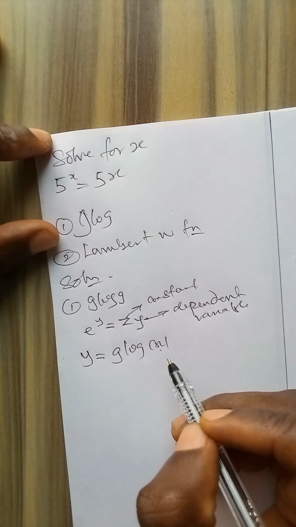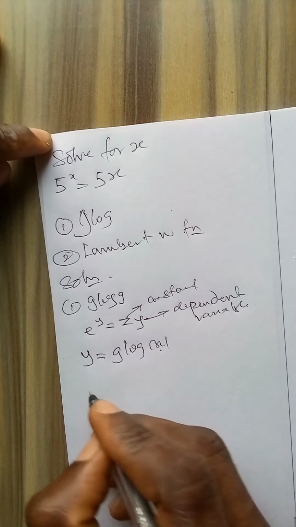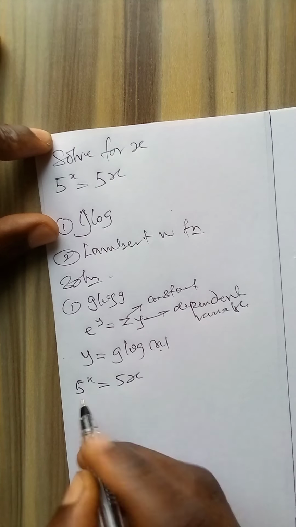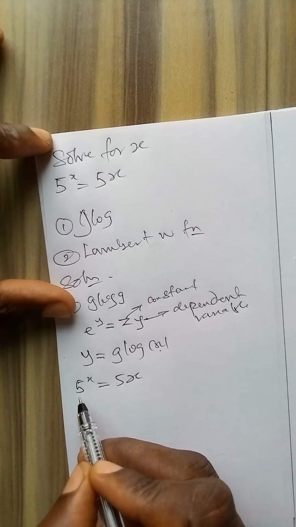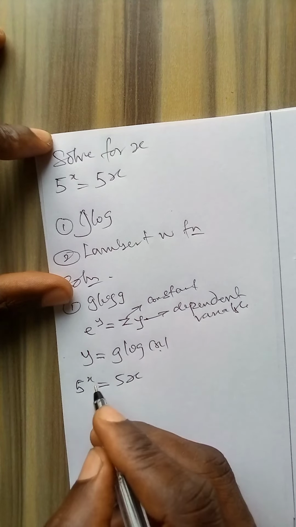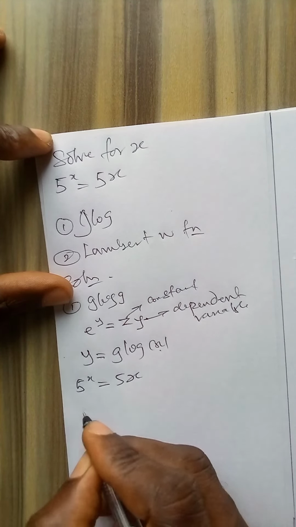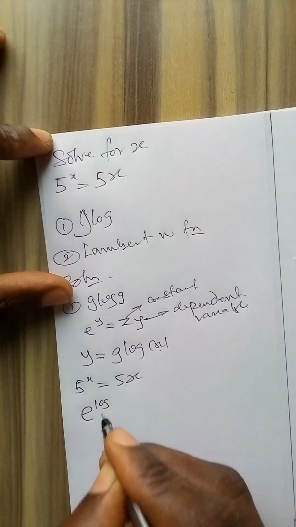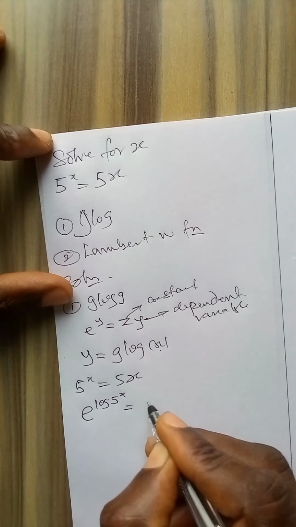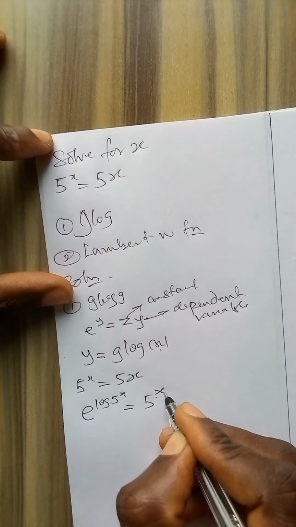Let us now solve the problem. The problem is 5 to the power x equals 5x. I will have to rewrite this such that I'll be able to express it in this form. Let us remember that e to the log of 5 to the power x, with log to base any number, can also be written as 5 to the power x.